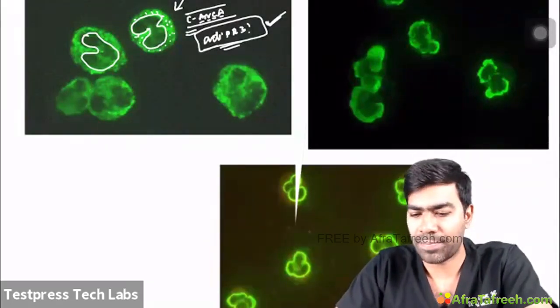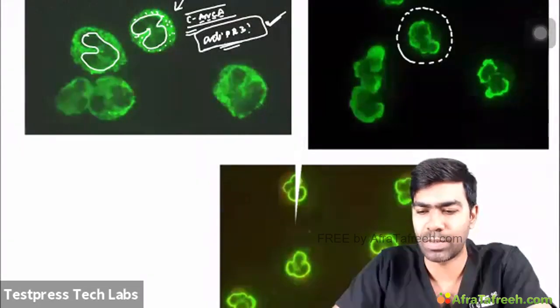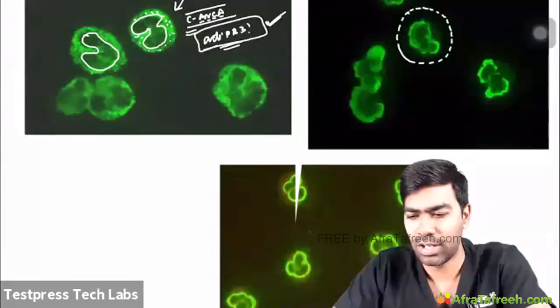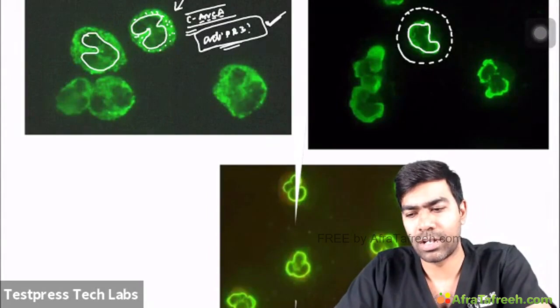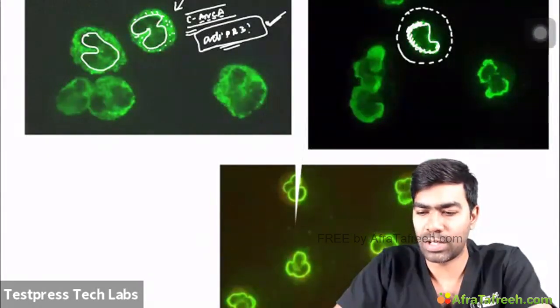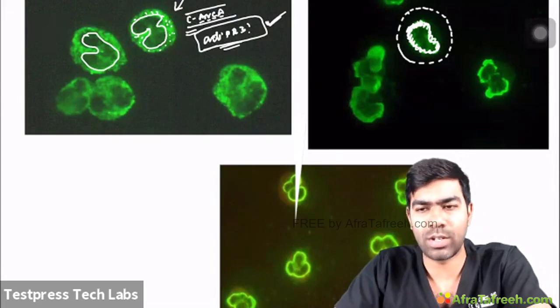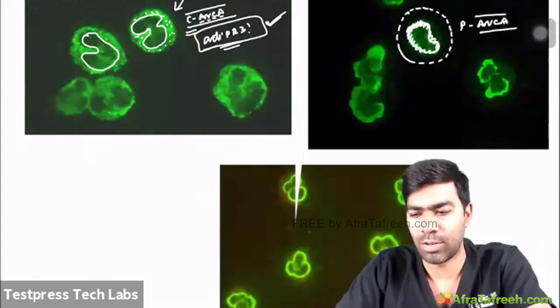At the same time, if you take this pattern, this is the outline of the neutrophils. Here you are not able to see the neutrophils because the cytoplasm is not stained at all. Instead, these are the nuclei of the neutrophils, where only the peripheral part of the nucleus is stained, outside the nucleus in fact. So this kind of staining is a perinuclear anti-neutrophil cytoplasmic antibody. Remember, once again, the terminology is very clear.